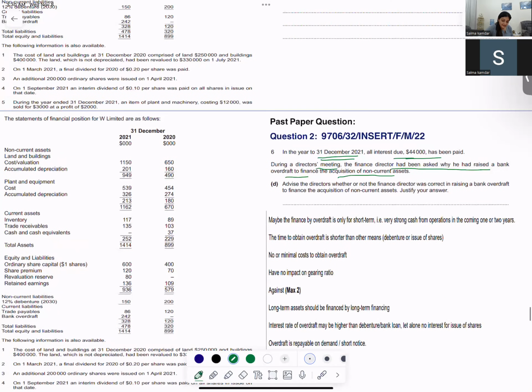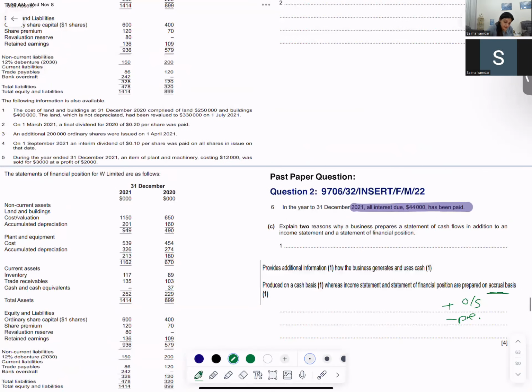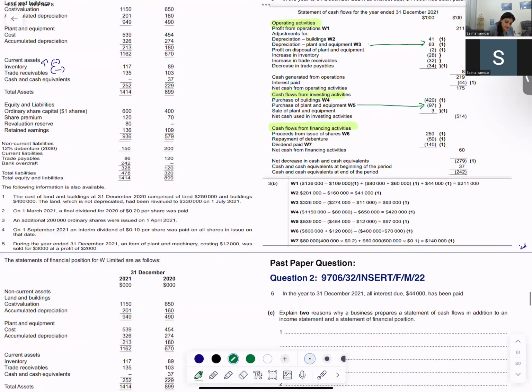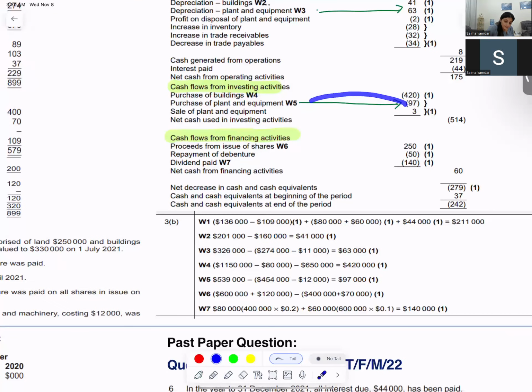Now let's see our answer. You have purchased non-current assets. You have purchased building. You have purchased plant and equipment, which is a very big figure. So you have invested a lot of money, which is leading your cash flow to become negative. And this has resulted in a bank overdraft of 242.